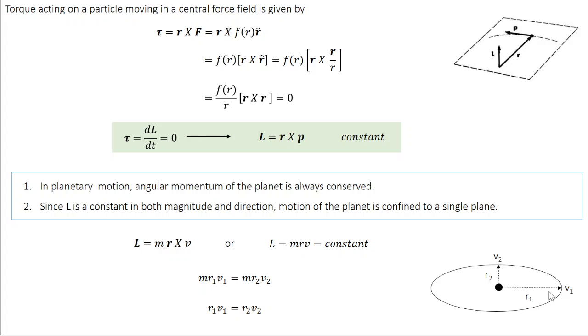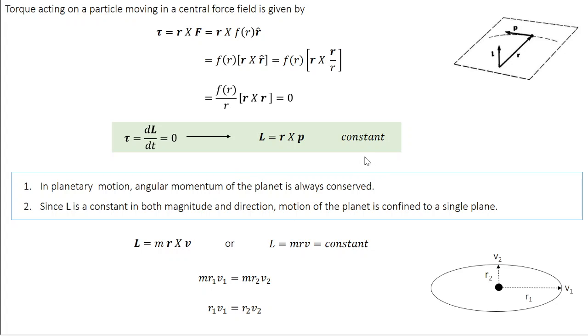So once again, take the case of Earth rotating around the Sun. So let's look at two positions, position 1 and position 2. The position and velocity of Earth at point 1 be r1 and v1, and at this location, the position and velocity be r2 and v2.